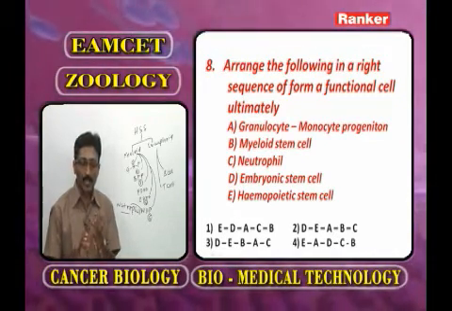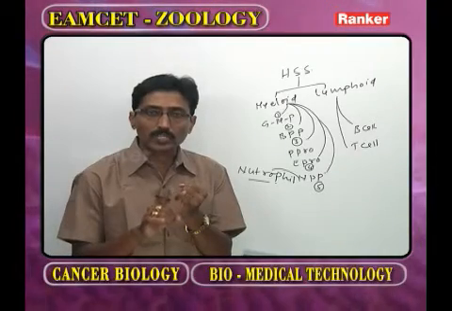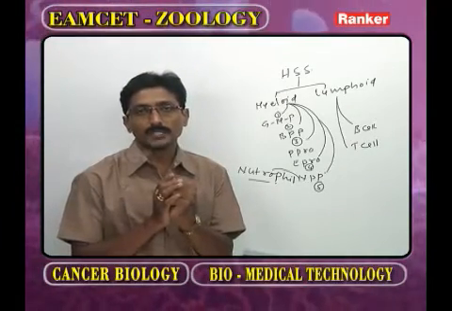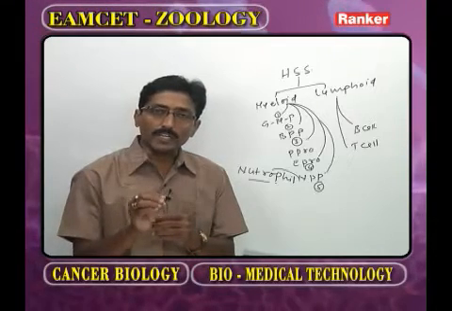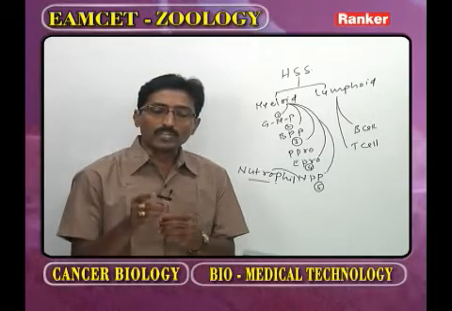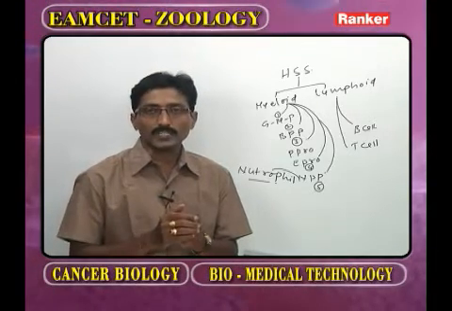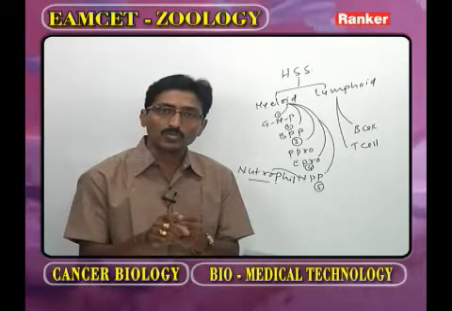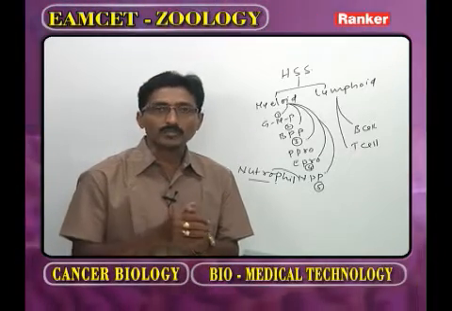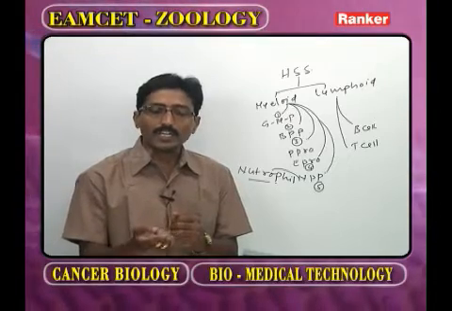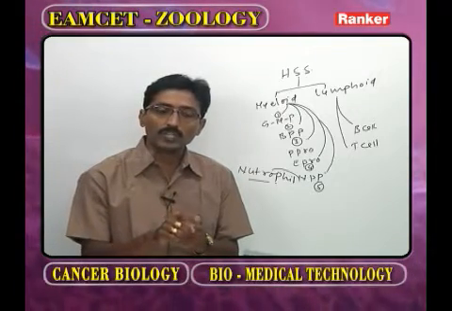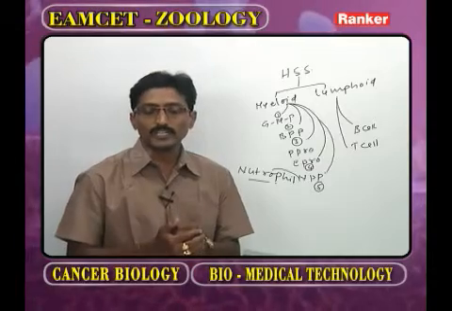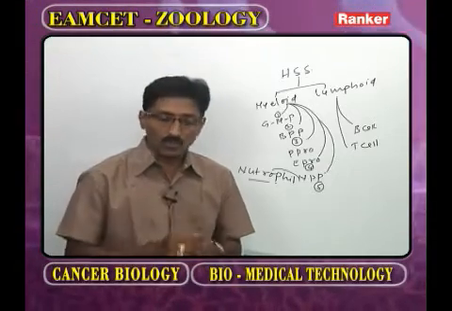The embryonic stem cell gives rise to hemopoietic stem cell. The hemopoietic stem cell gives rise to myeloid progenitor. The myeloid progenitor gives rise to granulocyte monocyte progenitor and neutrophil.